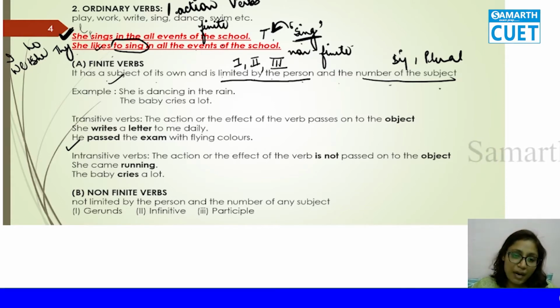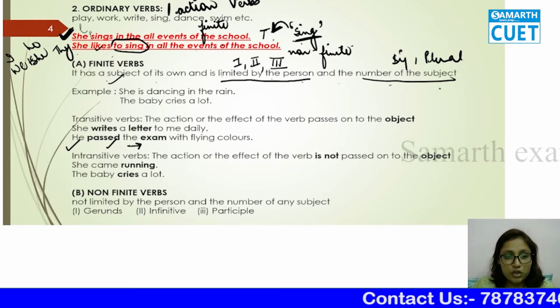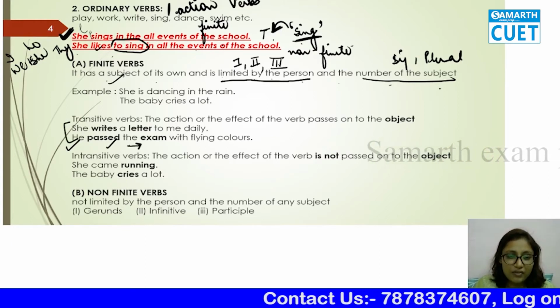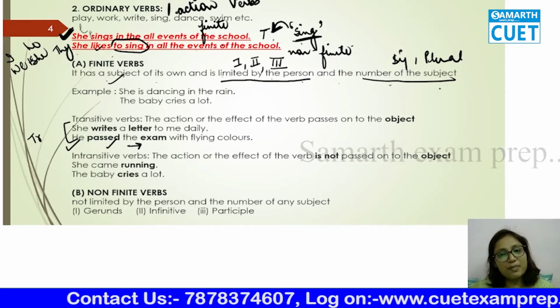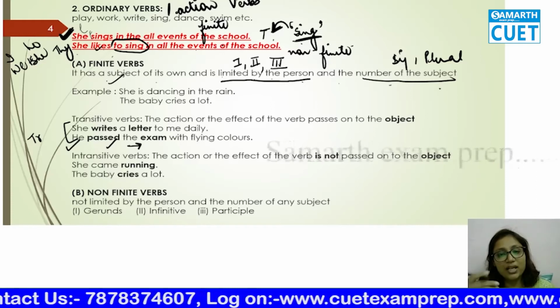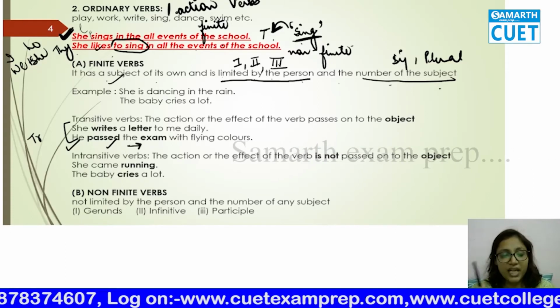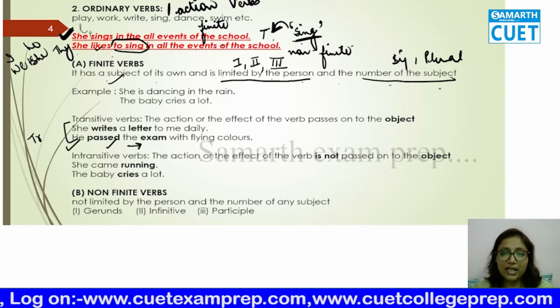And here past इसका ऑब्जेक्ट क्या है? एग्जाम. Okay. So these are the examples of transitive verbs. So whenever the effect of the verb or the action of the verb is passed on to the object, it is transitive verb. And when it is not passed, it is intransitive.